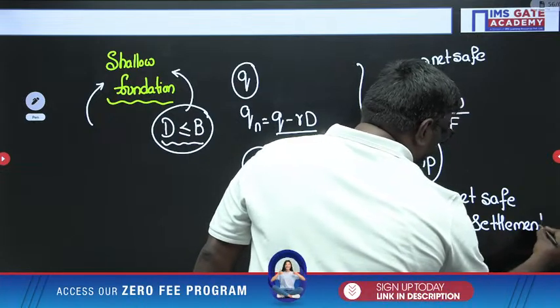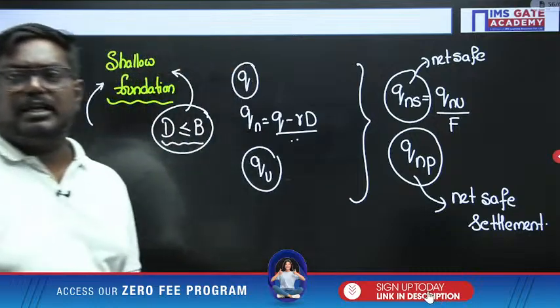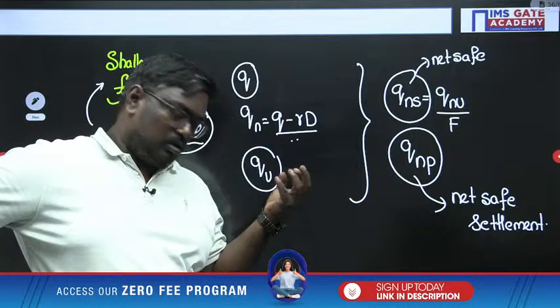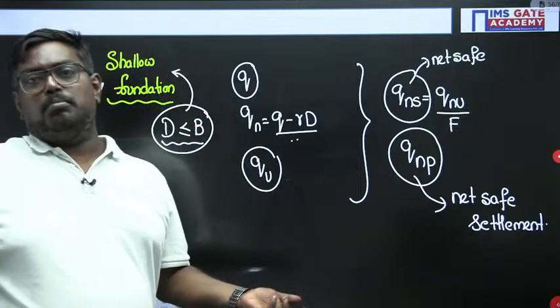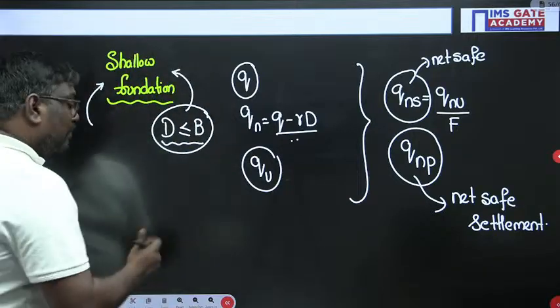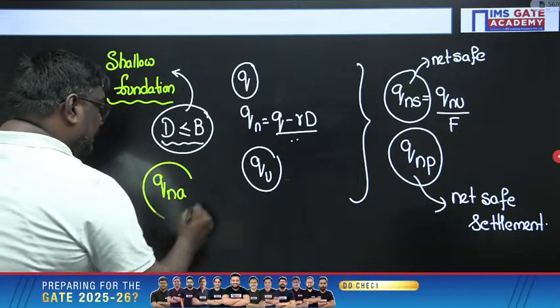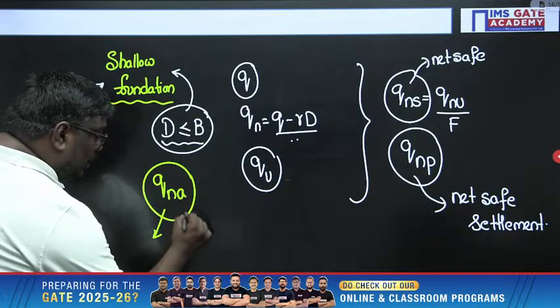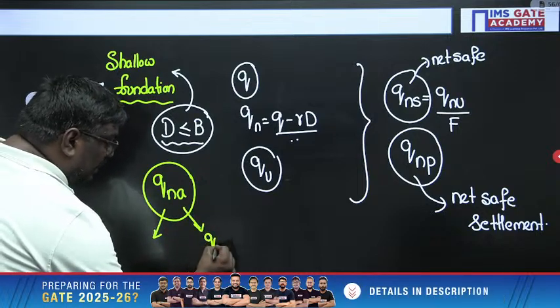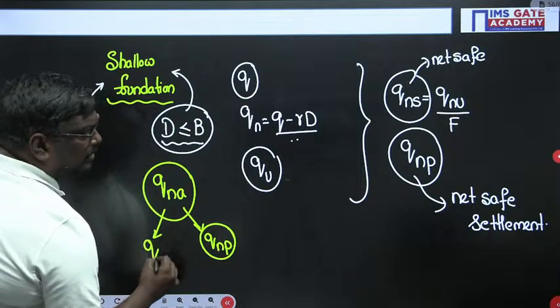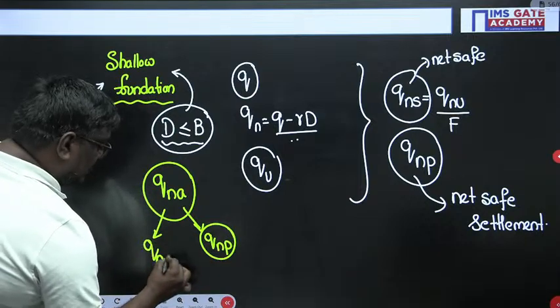So my dear students, the foundation cannot fail in both ways, neither in shear nor in settlement. So they have come up with a term called QNA, the net allowable bearing pressure. QNP is the net safe settlement pressure, and QNS is the net safe bearing capacity.